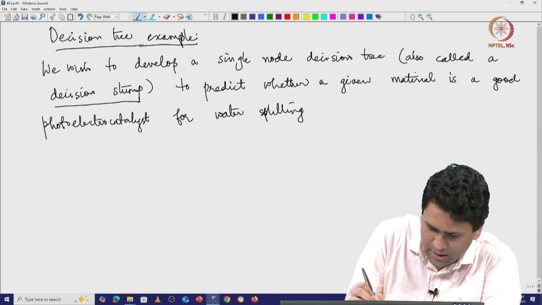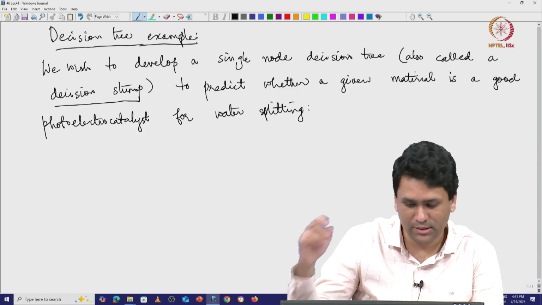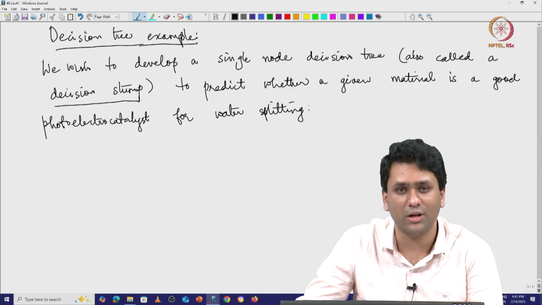So water splitting is a procedure used to produce green hydrogen, and then we want to find whether a given material is a good photoelectrocatalyst or not.